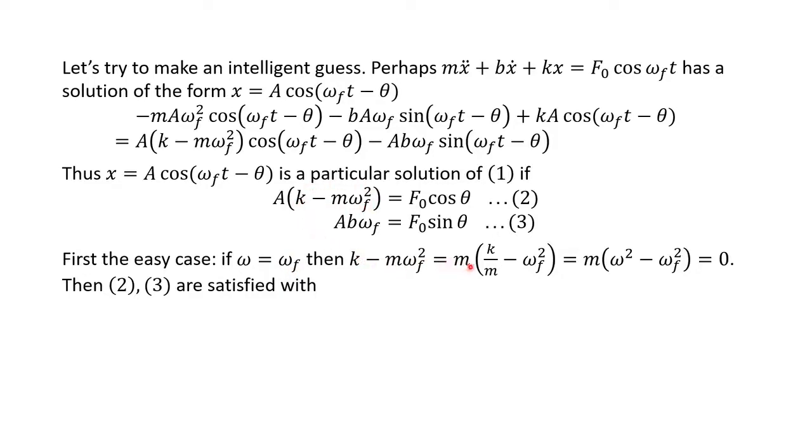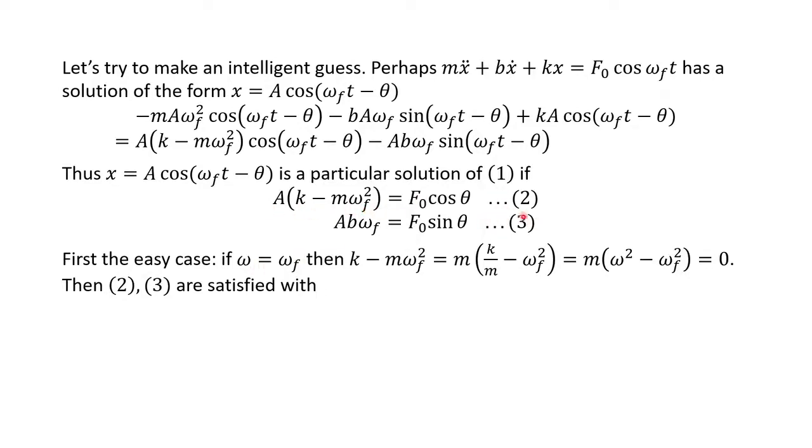I can write that as m times omega squared minus omega f squared. So this term will be 0 if these two frequencies coincide. The external force's angular frequency is the same as omega, the frequency of the associated simple harmonic motion. So in that case, I've got a term here that is 0.